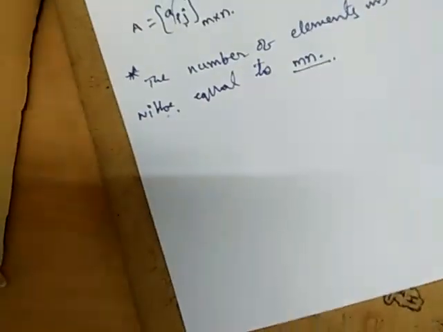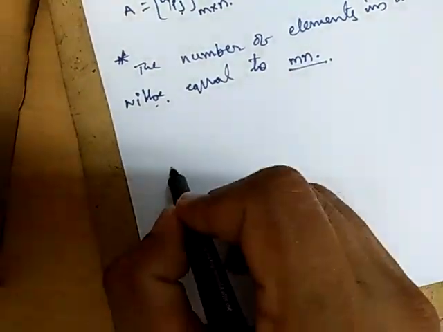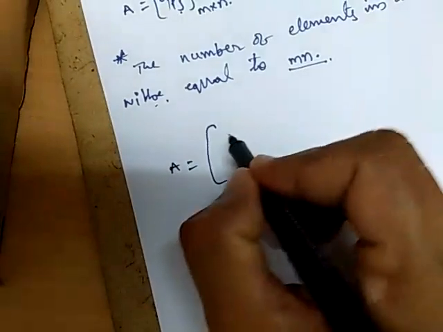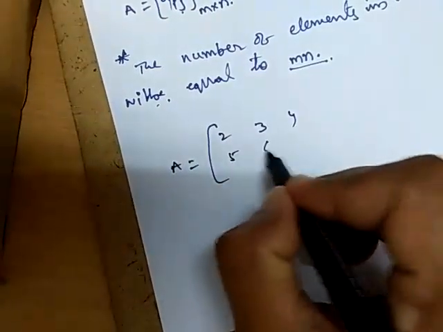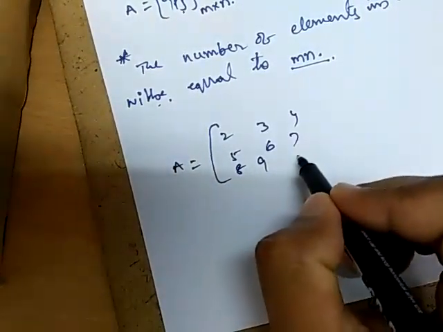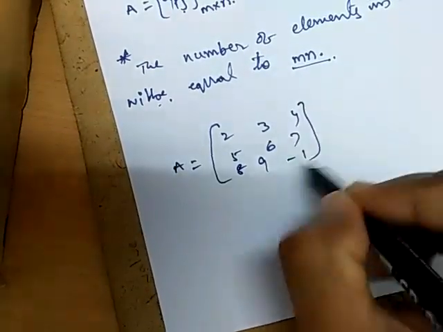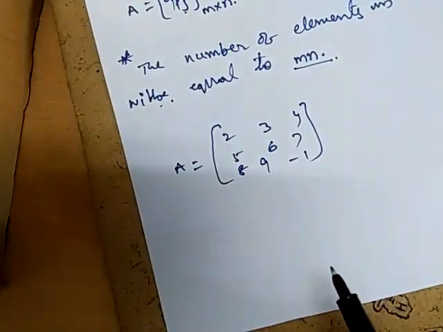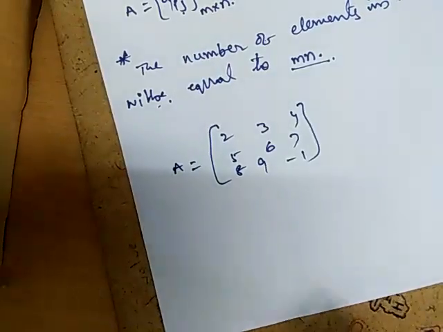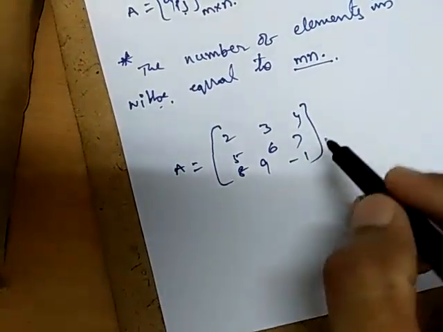I am going to clear this point. Suppose I am taking one matrix A: 2, 3, 4, 5, 6, 7, 8, 9, some minus 1. This is the matrix. So in that matrix, how many elements am I having?